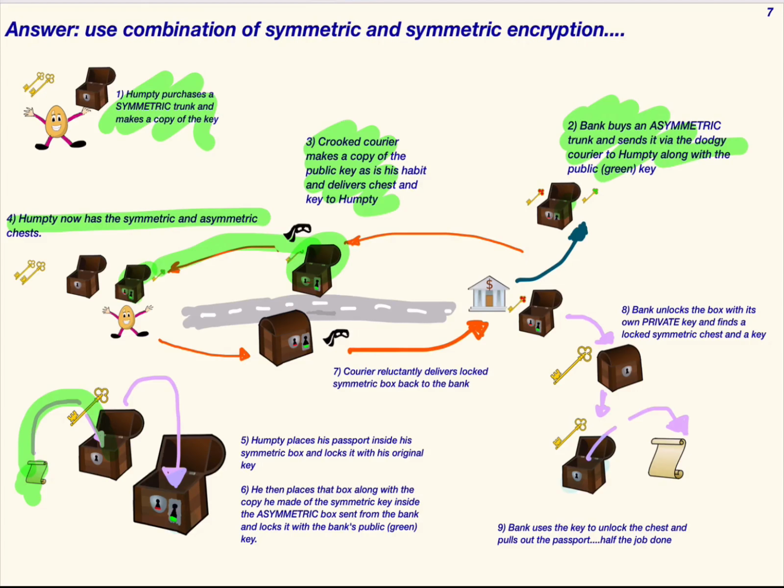Then he's going to take this chest and drop it inside the asymmetric chest, which is much bigger and much heavier, and he's going to drop the copy of his own symmetric key inside that chest along with it, right?